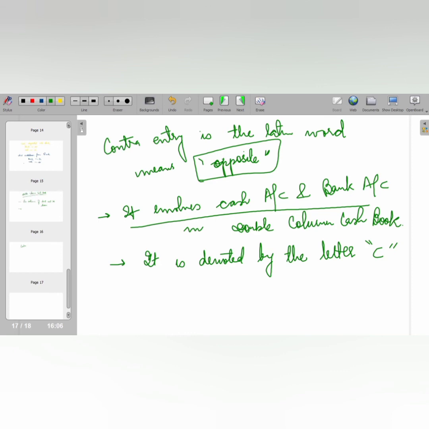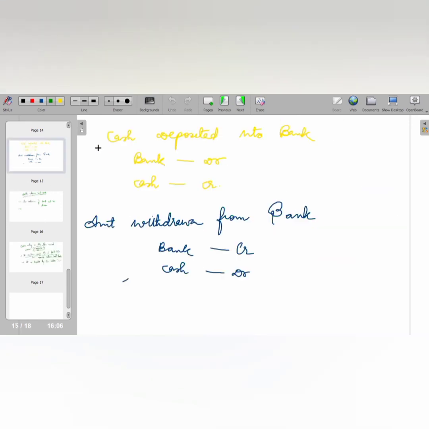Now where this entry will affect, see some of the cases I am showing you here. The cash deposited into the bank, this is a contra entry, okay. Why? Because both bank and cash column are affected.